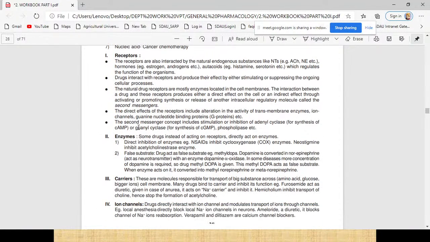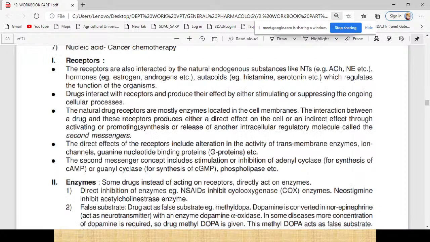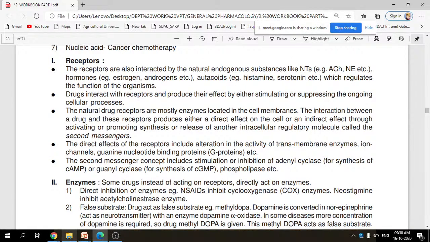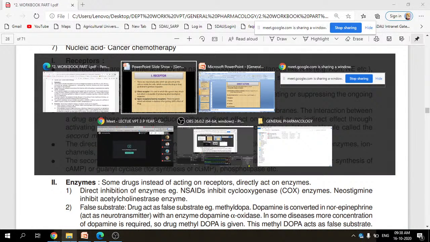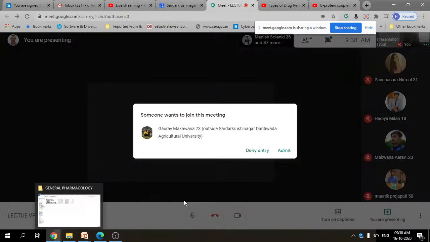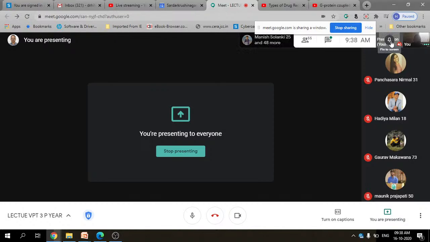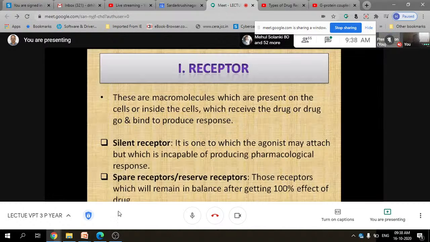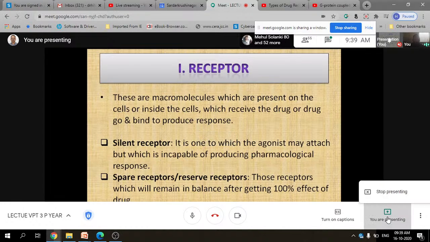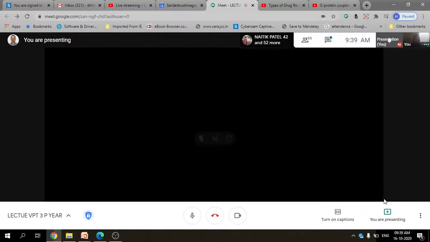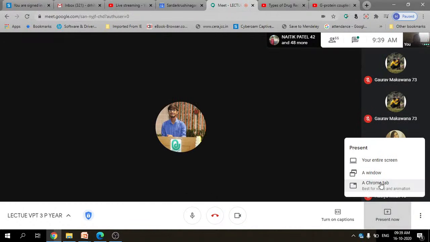receptors. Now here you can see the receptors. What is this? Just a minute. Let me share the another screen.